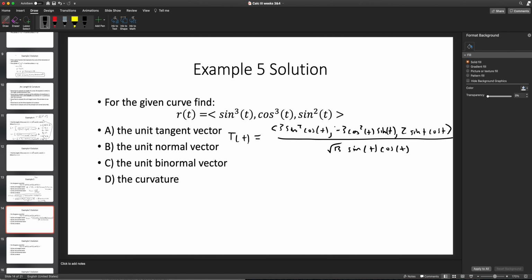Don't mind me, I'm just going to bounce between two slides. We just divide each component by that, and we want to make it as simple as we can.